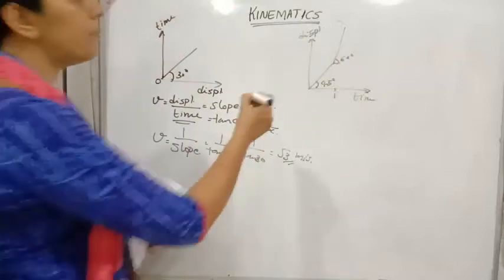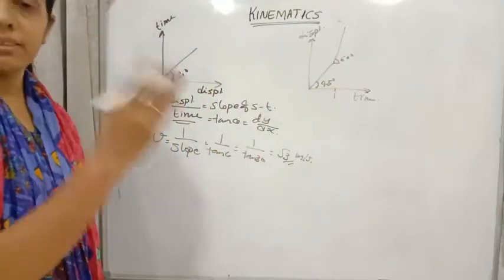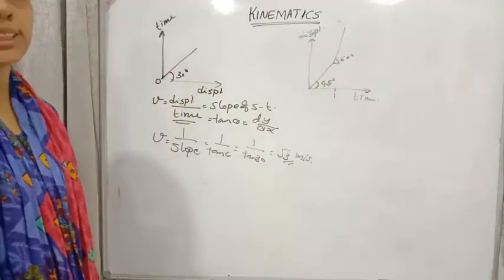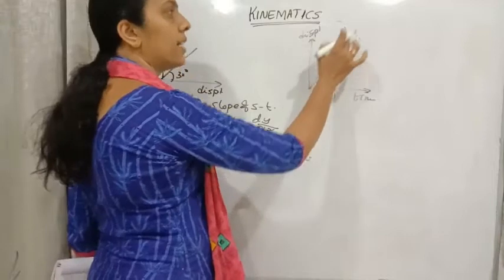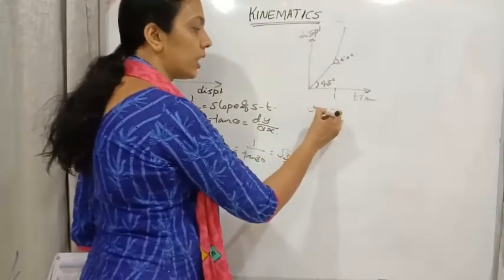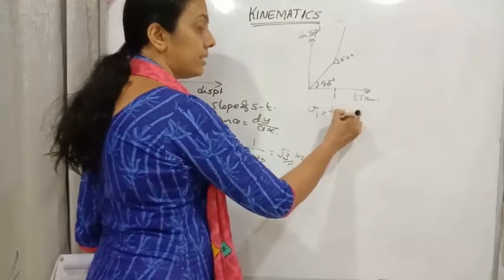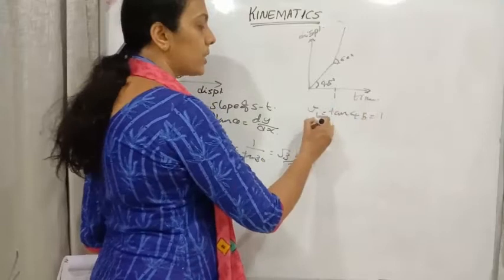Here we will get two velocities. Since the slope is different, velocity is changing. From here to here velocity remains constant, and from here to here velocity remains constant. So how do we find the initial velocity? Tan theta, tan 45. Tan 45 we know is 1. And what is V2?